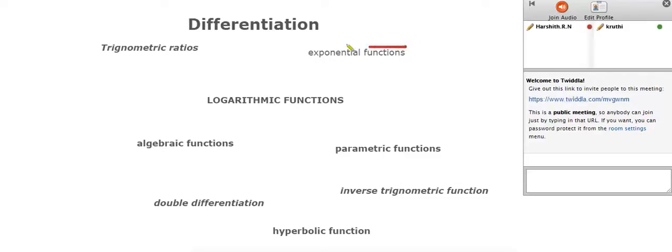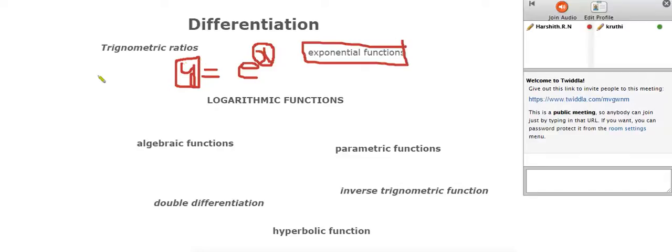And exponential function. How will exponential functions look? E to the power x. If you are going to differentiate this, we need to put y is equal to e to the power of x. Y is the dependent variable, x is the independent variable.